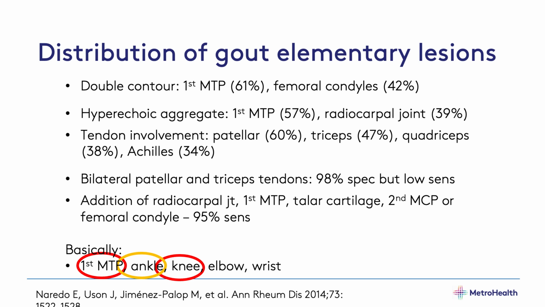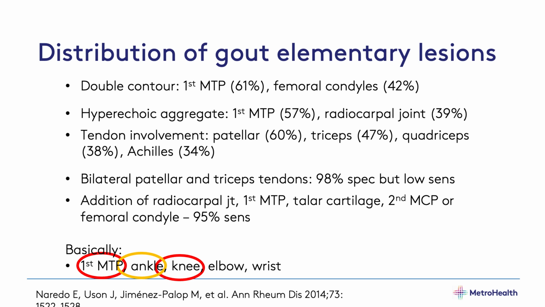So in essence, if you look at first MTP, ankle, knee, elbow, and wrist, and find things or not find things, then you could have a specificity of over 90-some odd percent and a sensitivity over 95%.